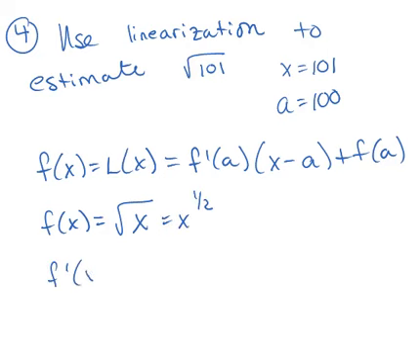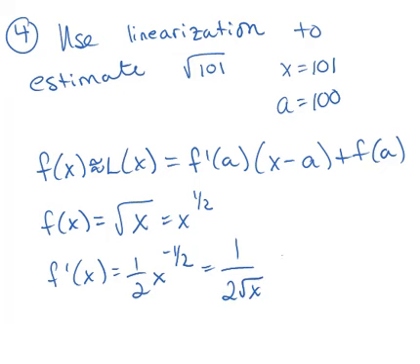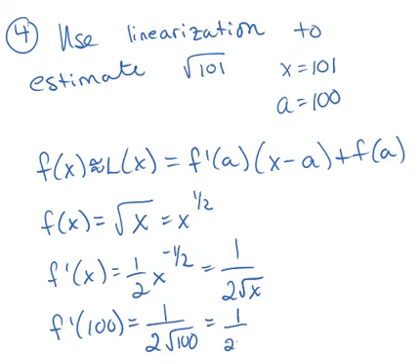So f prime of x is going to be 1/2 x to the 1/2 minus 1, and again, this is an approximation. So this is going to be negative 1/2, so this is 1 over 2 square roots of x. So we need to calculate f prime at a. Our a here is 100. So f prime at 100 is 1 over 2 square roots of 100, which is 1 over 2 times 10, or 1 over 20. So that's what we'll pop in for f prime at a.